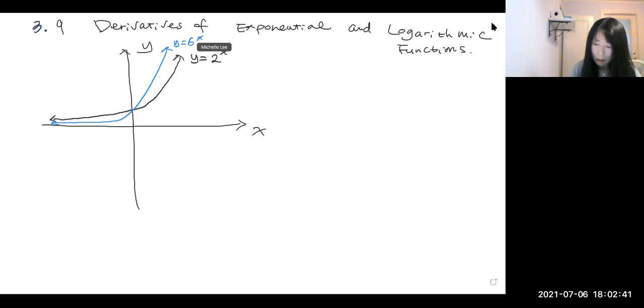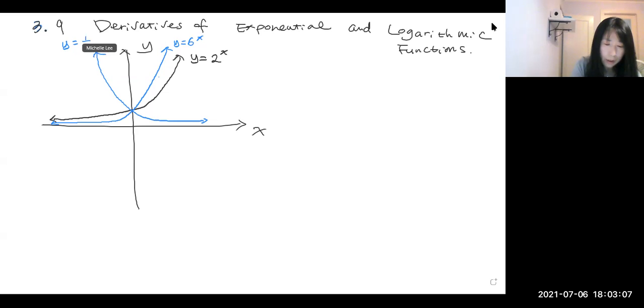Okay, now the fraction. I'm not using function notation, which is f of x.